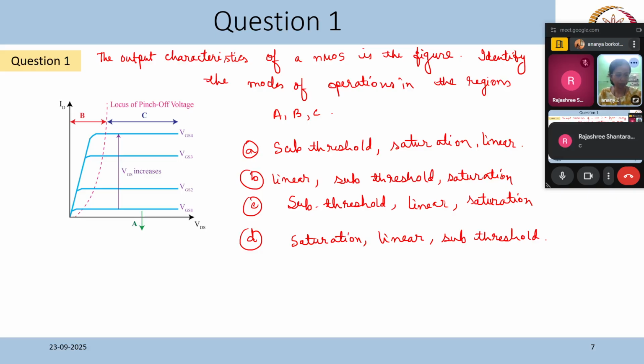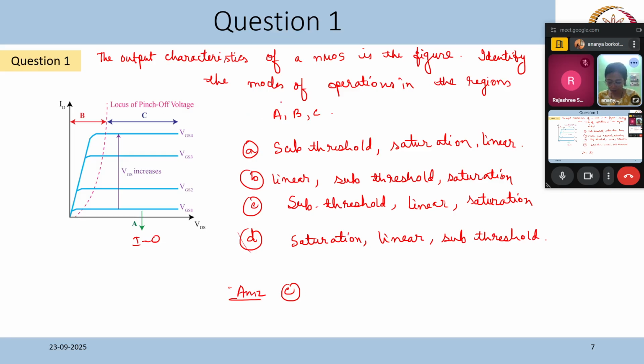C. In A, ID is 0, so that is subthreshold. B is the linear region and C is the saturation region.